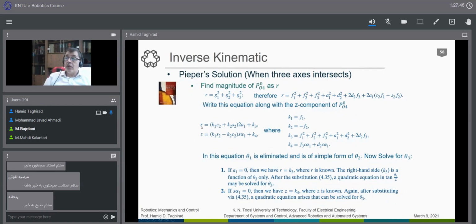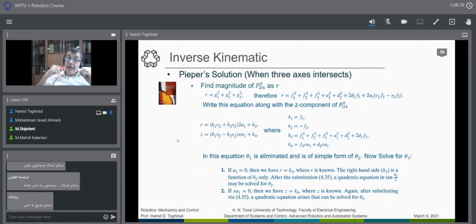R is known, K3 is a function of F, you see, a function of theta 3. And it is a very long version of theta 3, but you can use the half tangent relation to make it a polynomial and solve for that.